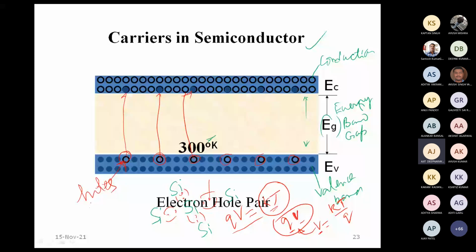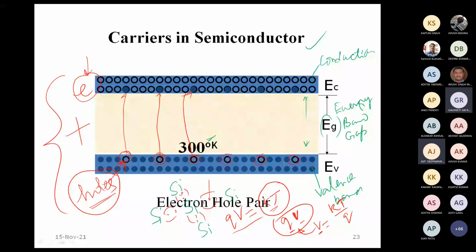So in this process, one electron goes into the conduction band, and one hole is created in the valence band. In this way, a kind of electron hole pair is generated. This is what we call electron hole pair generation.